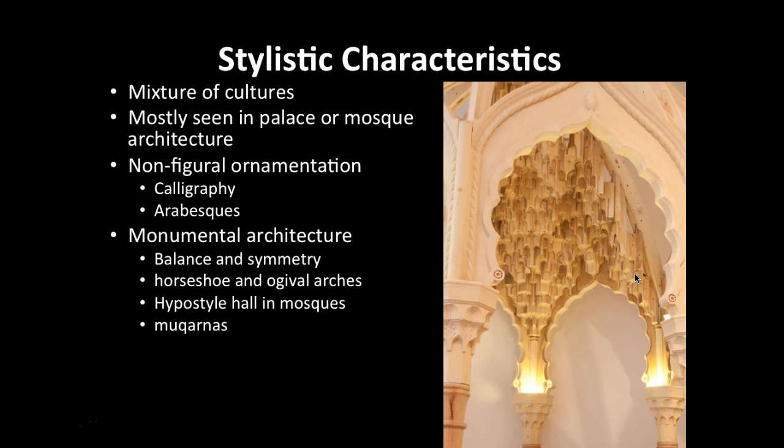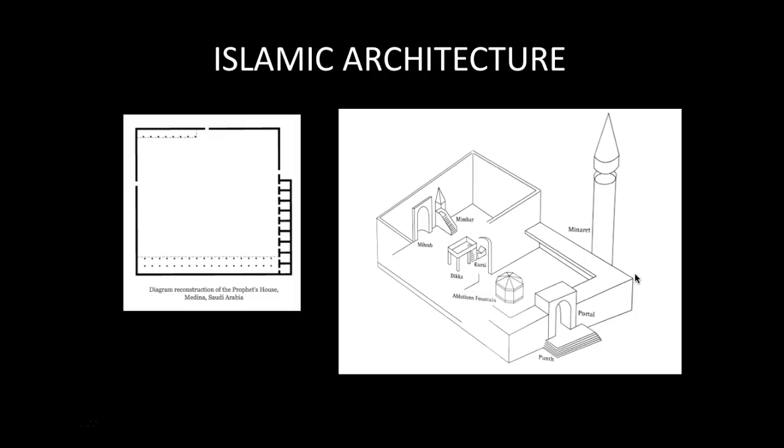But muqarnas are small niche-like components that are stacked in successive units. It's an architectural feature that is significant in holding weight, particularly as they're trying to incorporate the dome in a lot of the different mosques that we'll see, particularly in the Ottoman period.